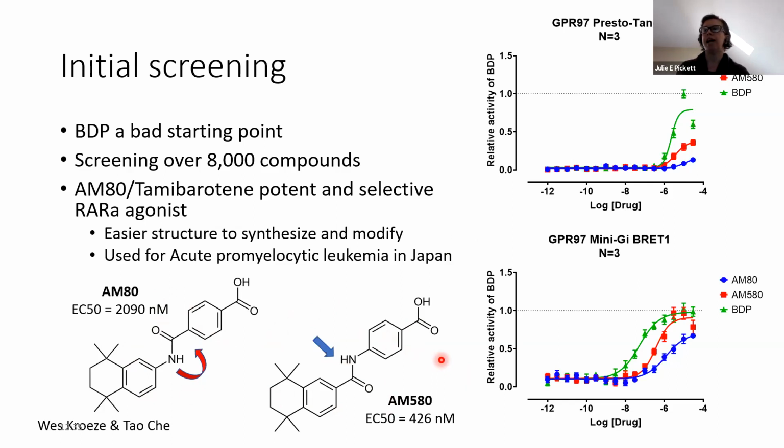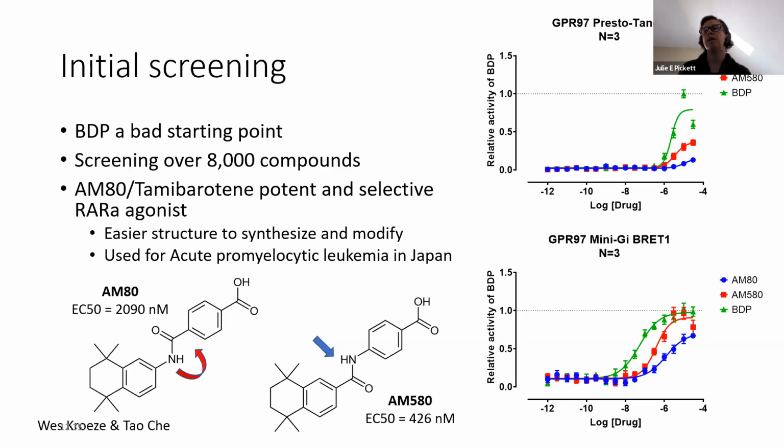Right quick, I want to have a word about our assays over here. Up top, you've got the PRESTO-Tango assay. The Tango assay is our preliminary screening assay. When a project first gets up and running, the screening that led to these compounds is all going to be through the Tango assay. As you get deeper into a project, you'll get other assays online.